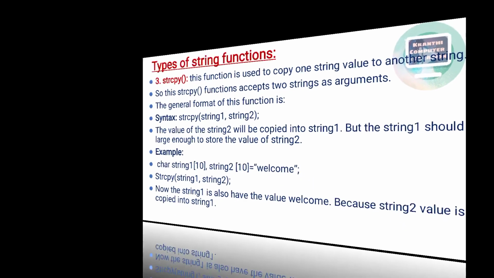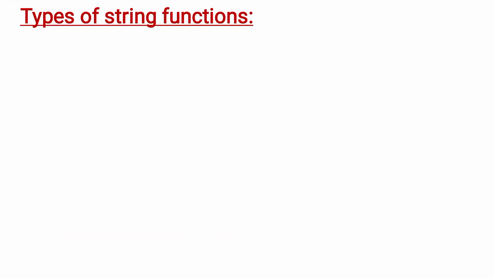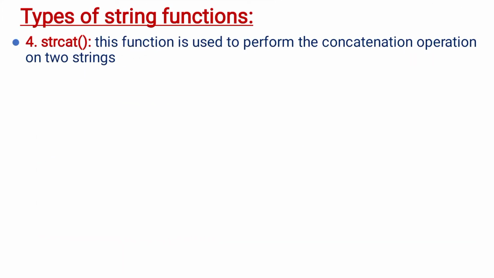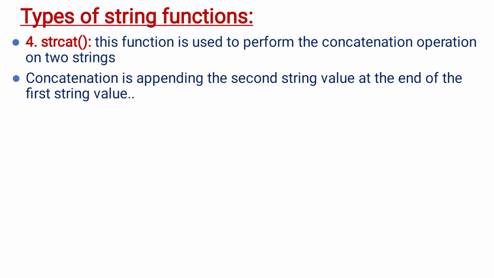Next we will see the fourth type of string function, that is string concatenation. The string concatenation function is used to perform the concatenation operation on two strings. So what is the concatenation operation? Concatenation is appending the second string value at the end of the first string value.